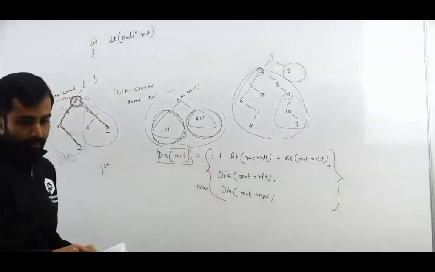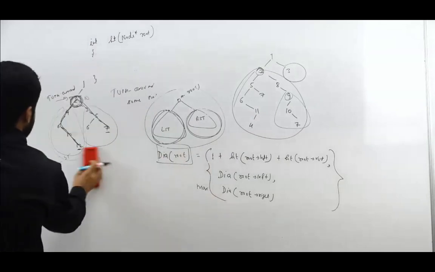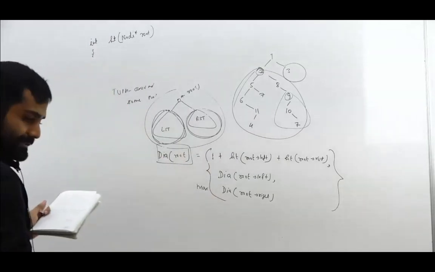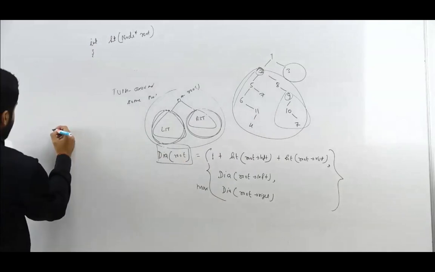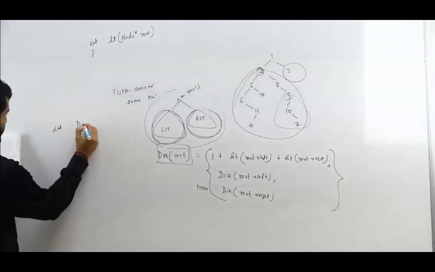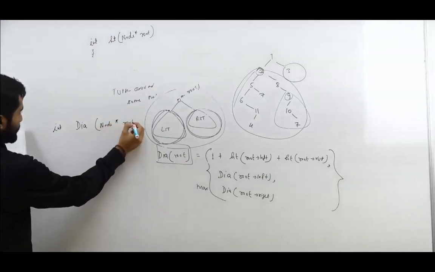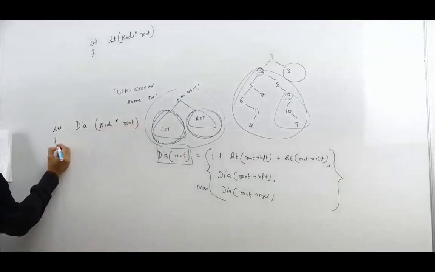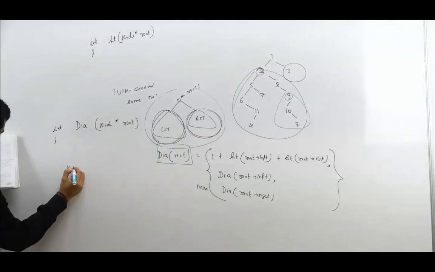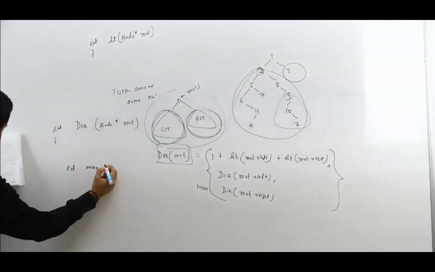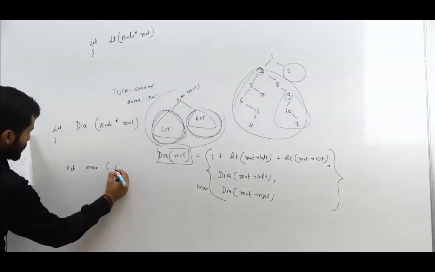So if I have to write code that aligns with this idea, I'll say there is a method that returns me the diameter, and it takes the root of the original tree. And then what it does is it returns me the maximum of three things. So what are those three things?